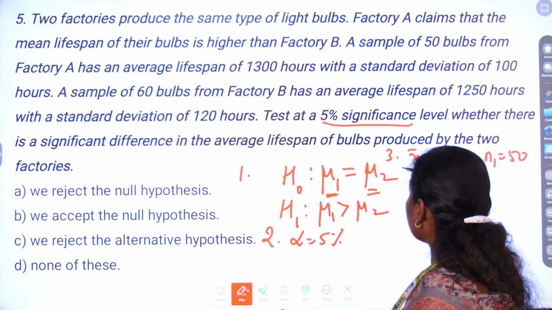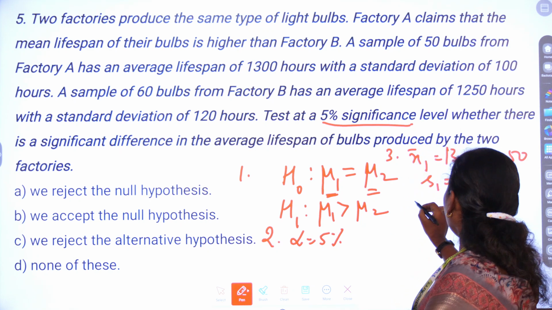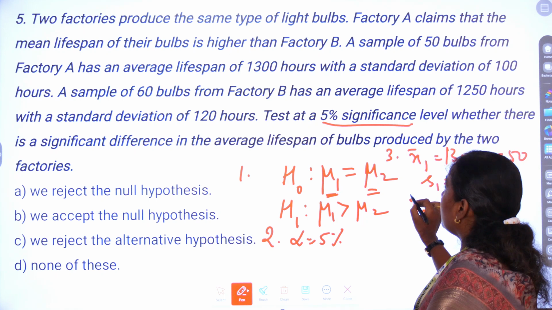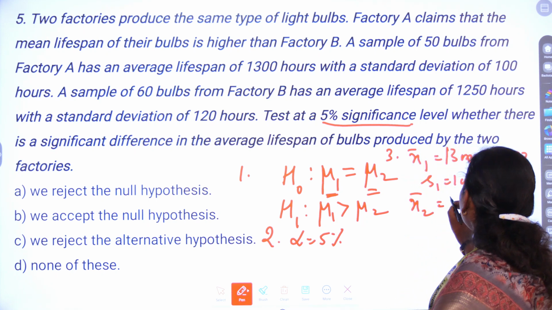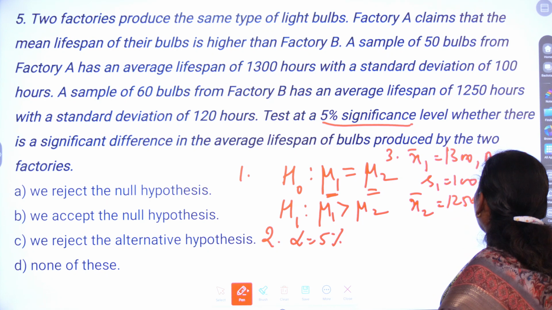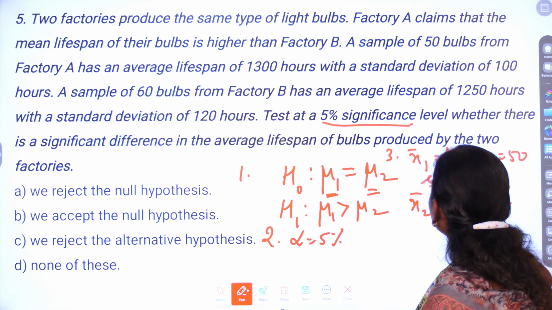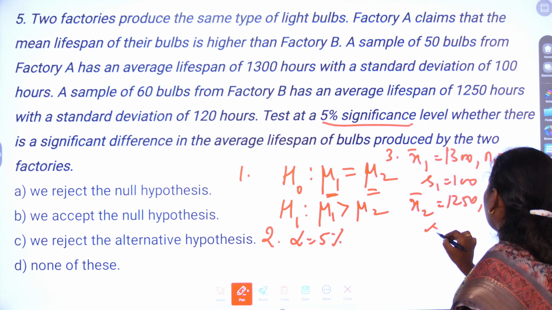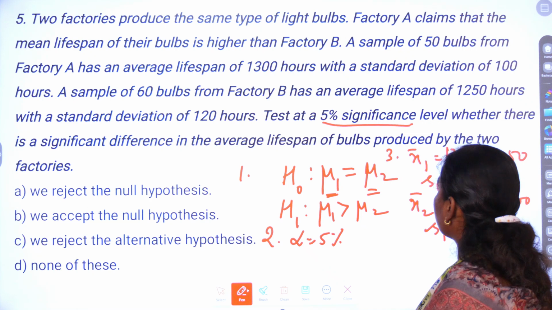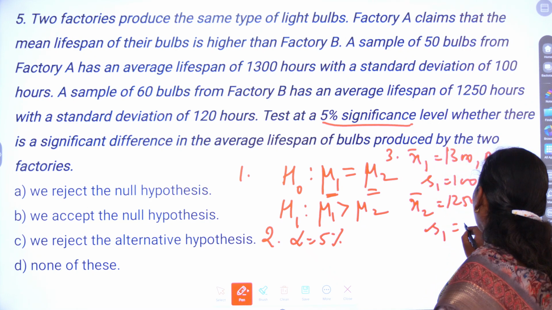For factory B, the mean lifespan is 1250, your N2 is 60 and your sample standard deviation is 120.